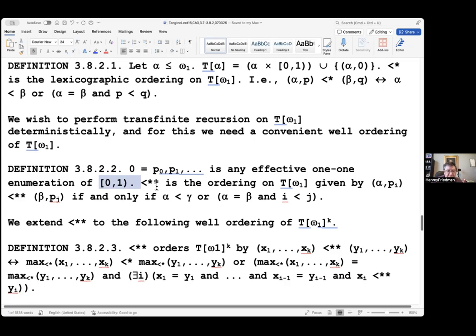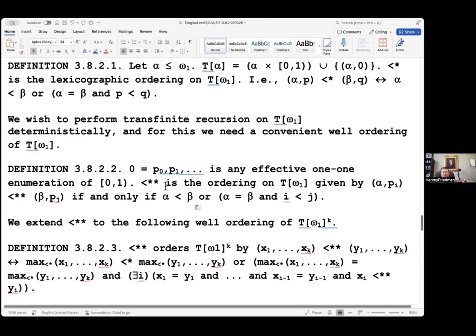Less than double star. This old thing was less than star. Less than double star is the ordering given by: alpha P_i is less than beta P_j if and only if alpha is less than beta, or alpha equals beta and i is less than j.